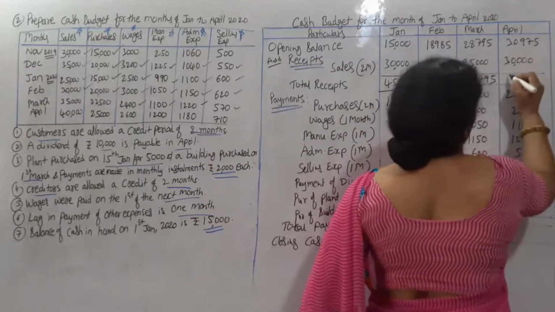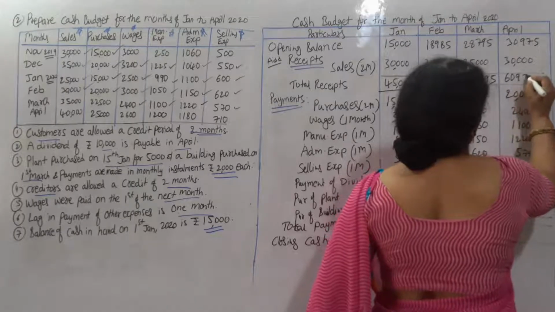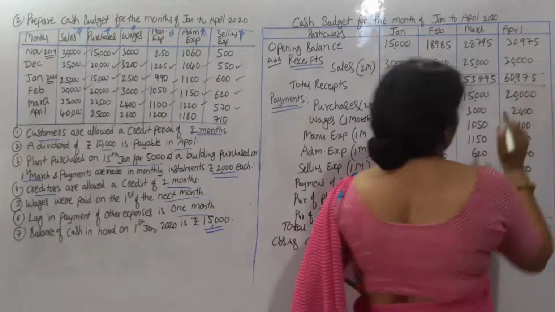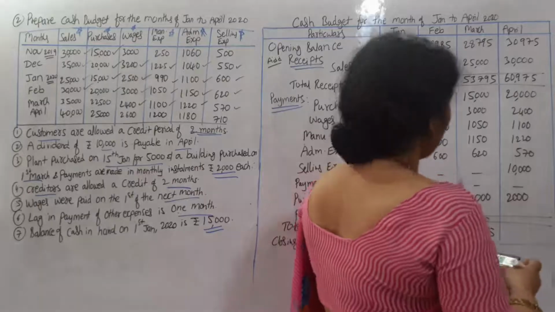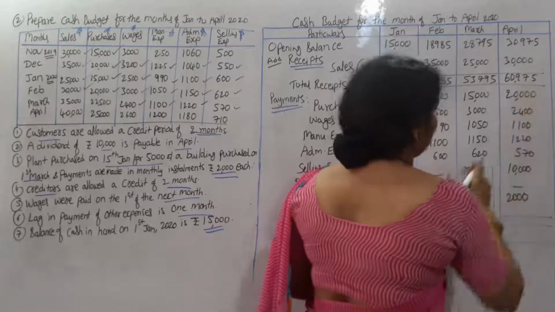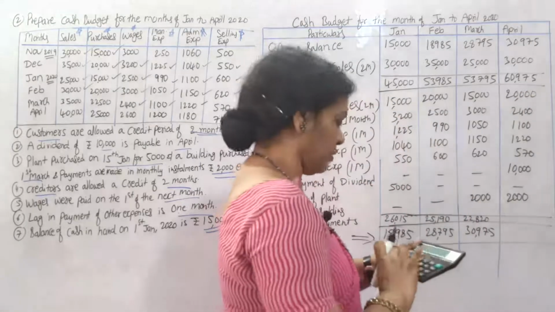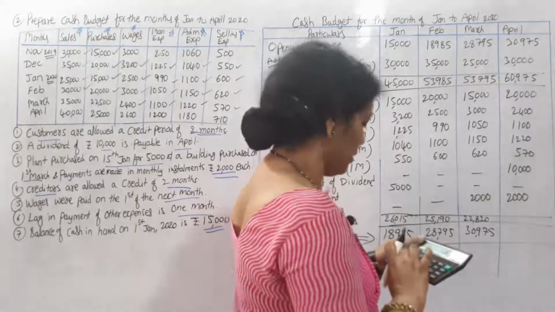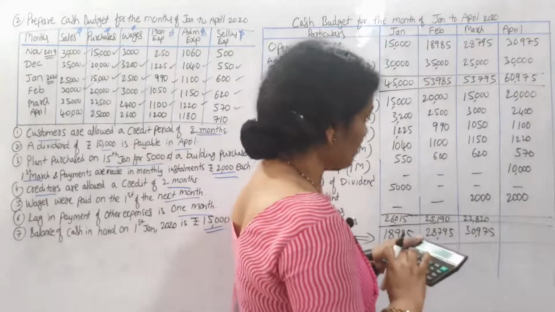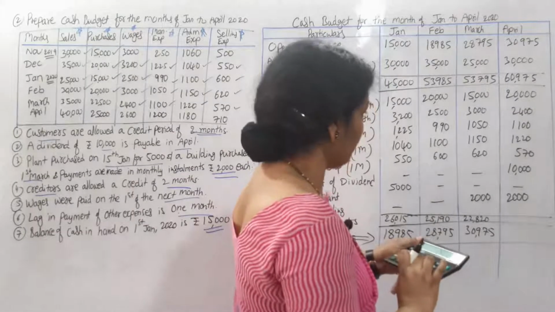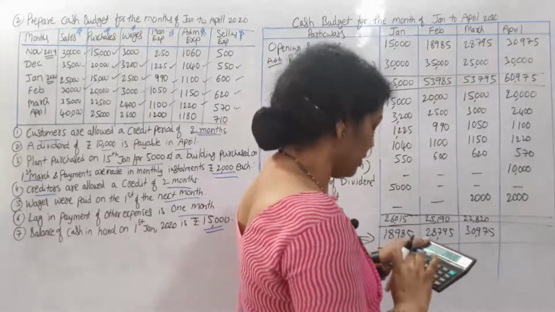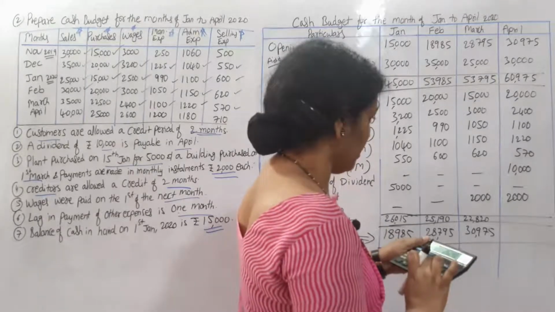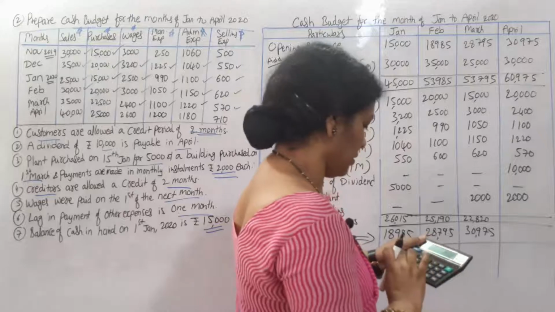30,975. Total will be 60,975. So if you see this total, 20,000, 22,400 plus 1,100 plus 1,220 and 1,570 and 2,000.